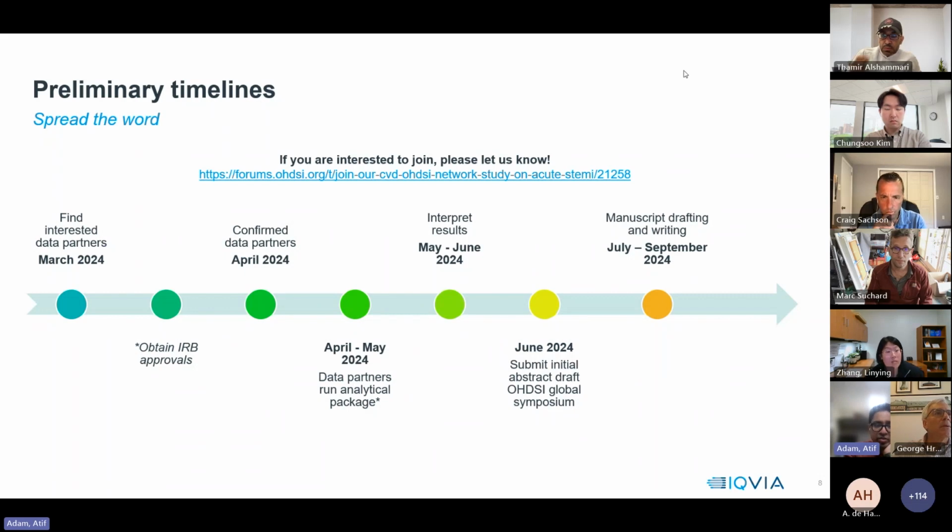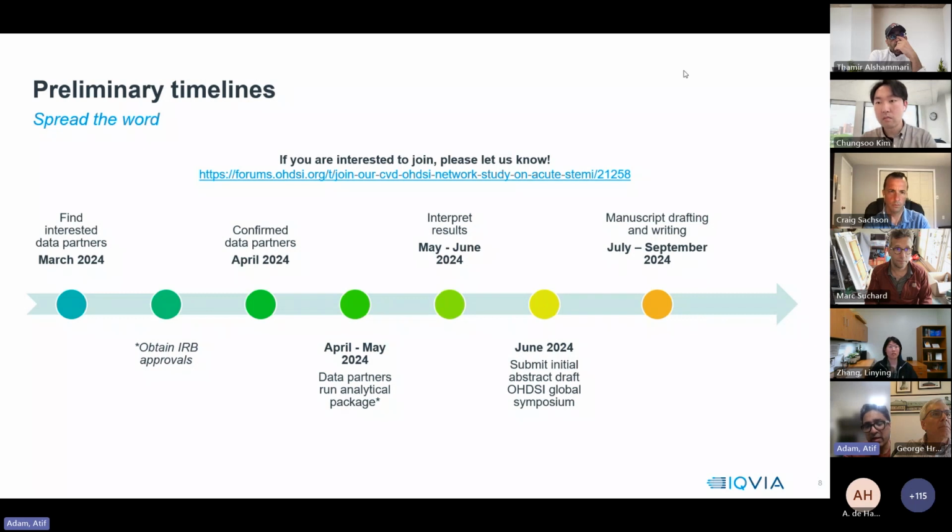The goal is to start evaluating these partners and sending them the packages as is by June, and try to use the summer, June, July, August, to present these results, with the idea of having maybe an initial abstract with whoever can send us results by June, and then having a manuscript drafted over the summer and early fall. The goal, again, is to work with partners who have data available, but we're always looking to expand partnerships and have additional explorations as we go forward.